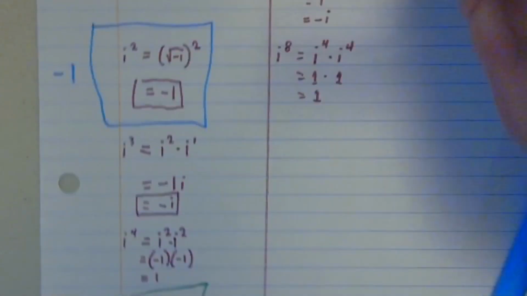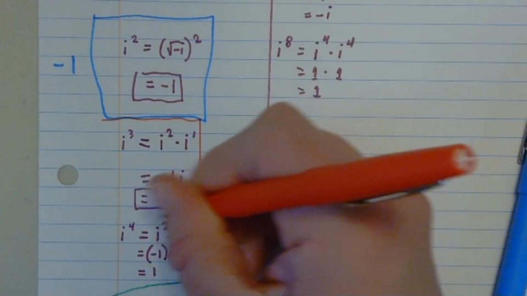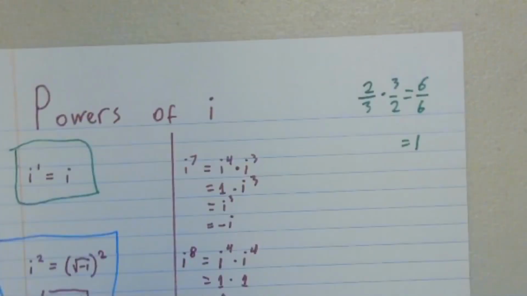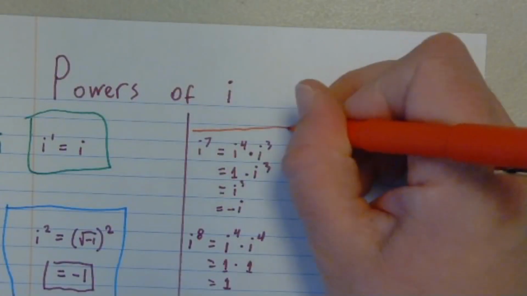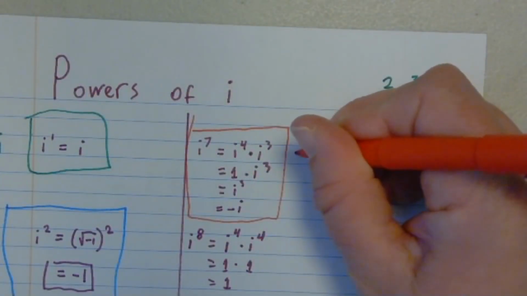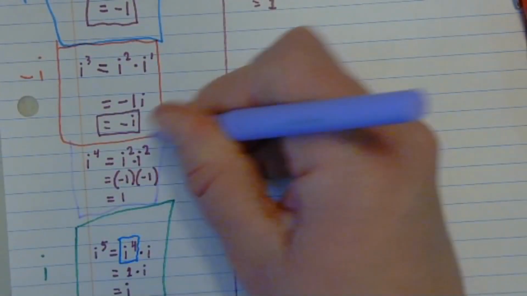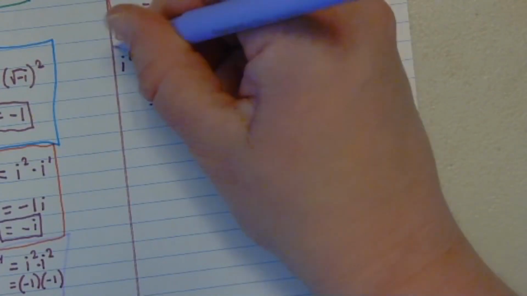And I to the third is -I, and so is I to the seventh. And I to the fourth is 1, and so is I to the eighth.